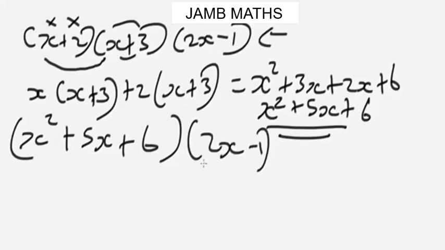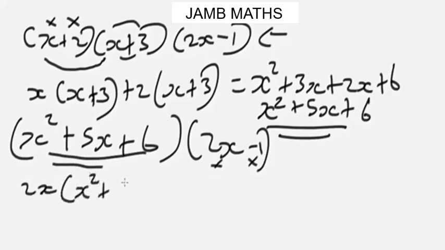Once you have done this, the next thing will be to begin to multiply everything. Firstly, this 2x, we multiply everything here, before this -1 term, we multiply everything here as well. So let's do it, guys. Very, very simple. Let's begin with 2x. This is going to give us 2x in bracket x squared plus 5x plus 6.